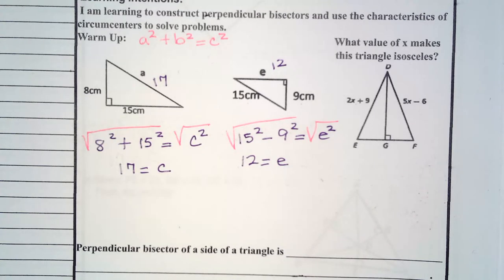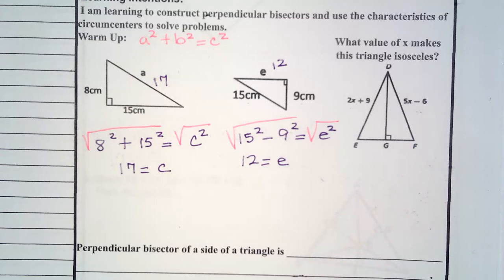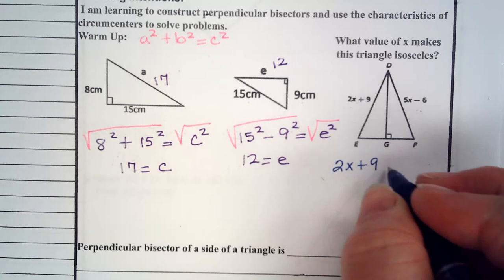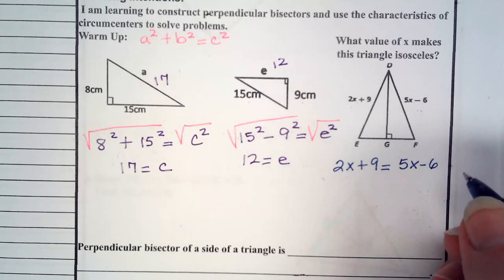So looking at the isosceles triangles, if we have to have 2 equal sides, what do we know about these 2 expressions? Well, they have to be equal also. 2x plus 9 is equal to 5x minus 6.